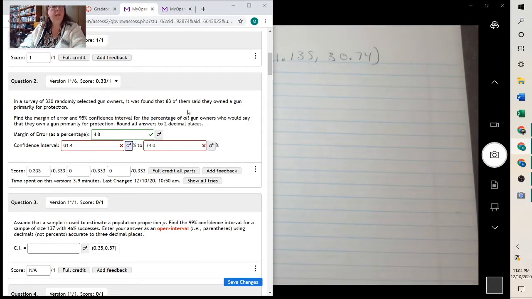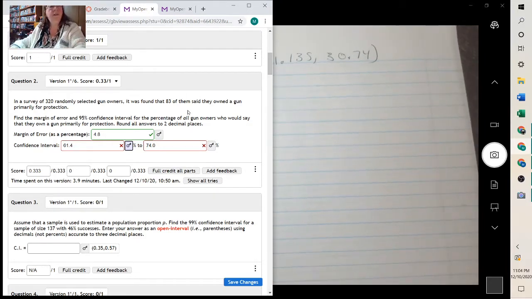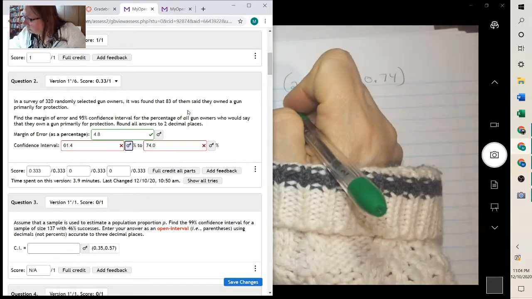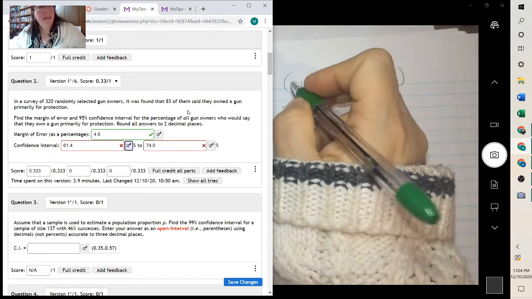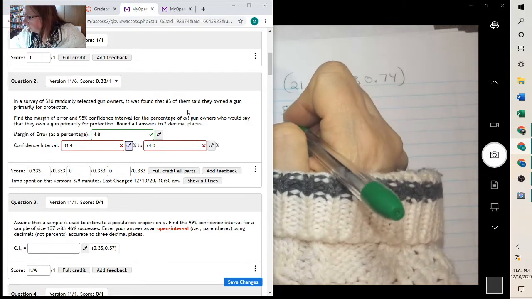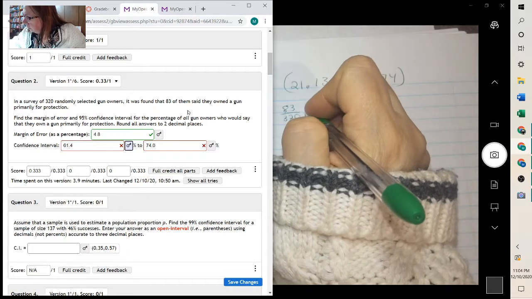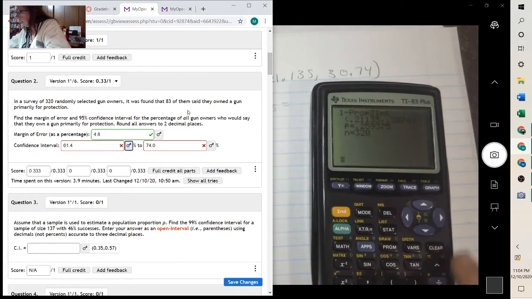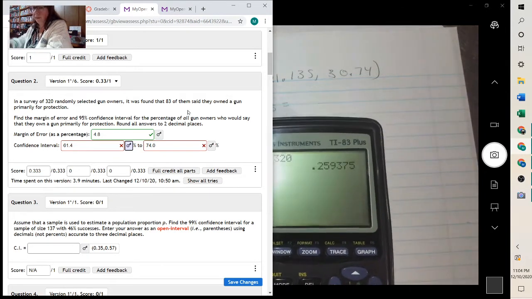For the margin of error, which you did find, if you were finding it this way, 83 out of the 320 gives us, because you need the percent, 83 out of the 320 multiplied by 100.